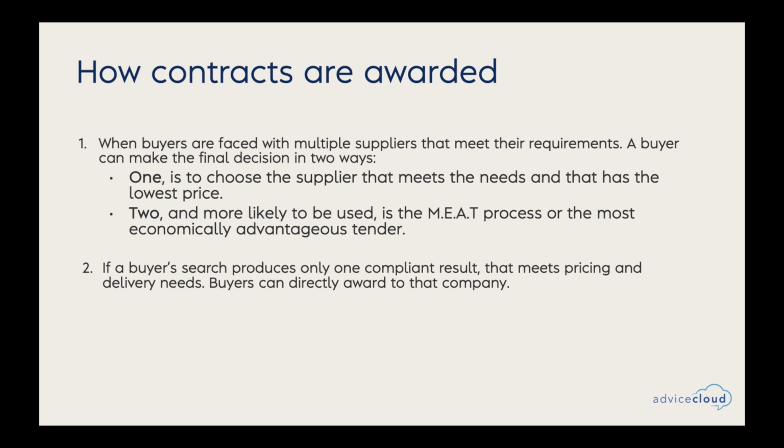Now, if I happen to find only one supplier that meets my needs, either from a pricing perspective or from a technical ability perspective, that's actually what I'm looking for, then I can do what's called a direct award for that. Often if it's done by price, then that's fine. The second one that can be used, if I've got 5 suppliers there, is that I can review them based on the evaluation criteria that I want and what I need, which is what's called the MEAT, or most economically advantageous tender.